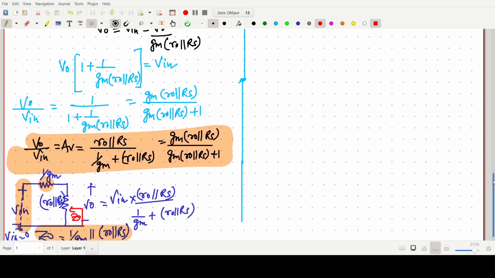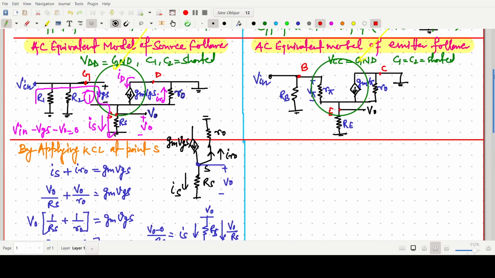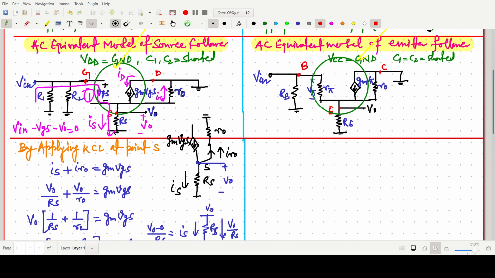Now we will do this one. Again for this one, we have to apply KCL at point E, just similar to S. Here, this one will be IE, this should be IB, some current like this one is IC, and some current IR, not, I am making.